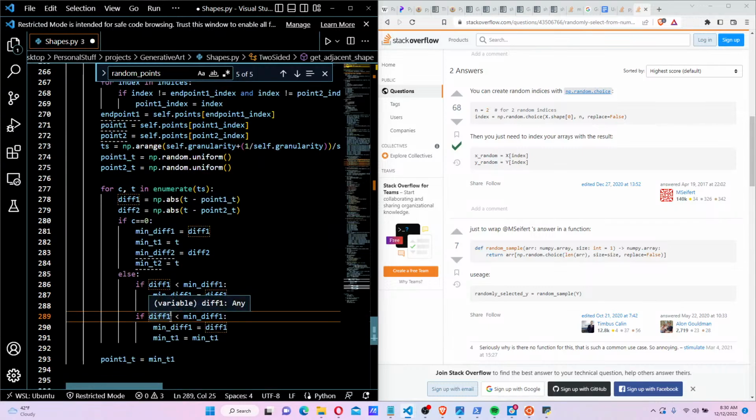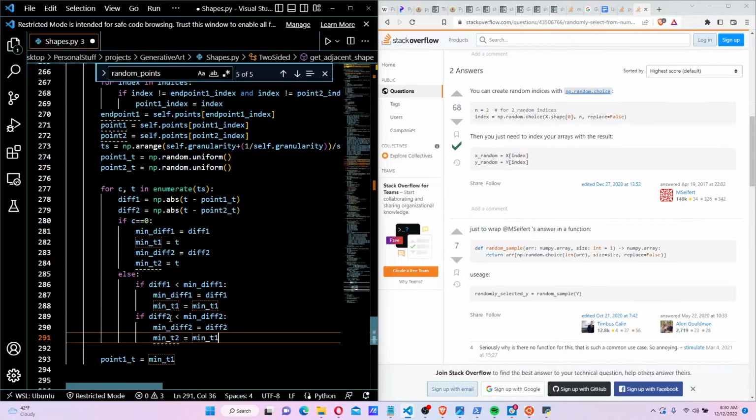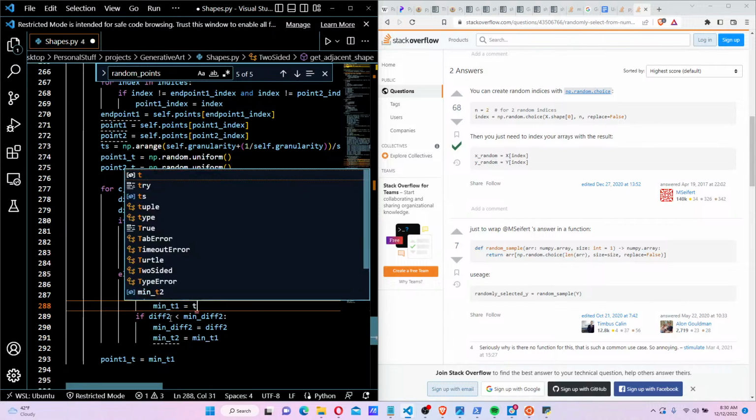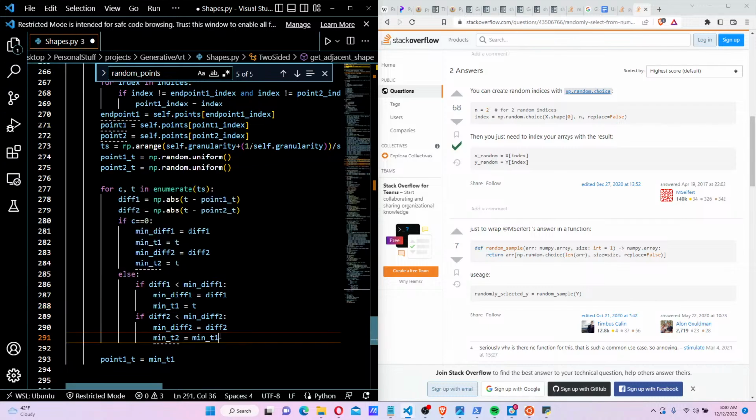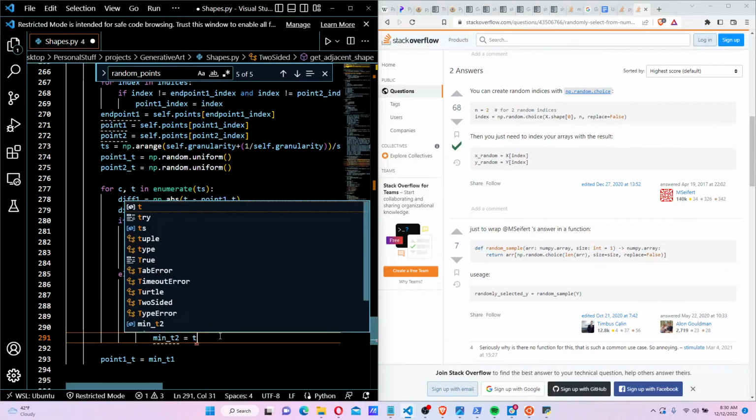If diff2 is less than min diff2, min diff2 is equal to diff2, min t2 is equal to t. Min t1 is equal to t. Min t2 is equal to t.